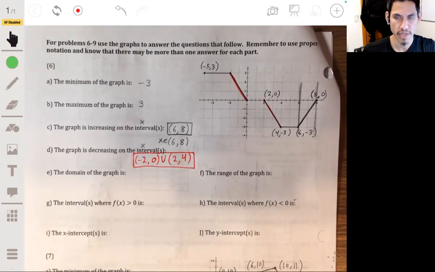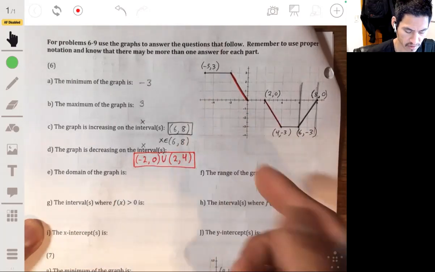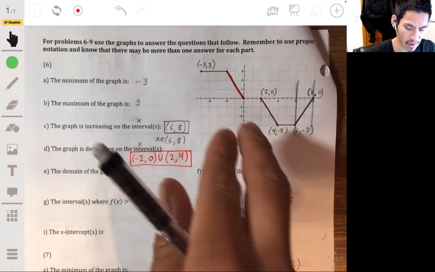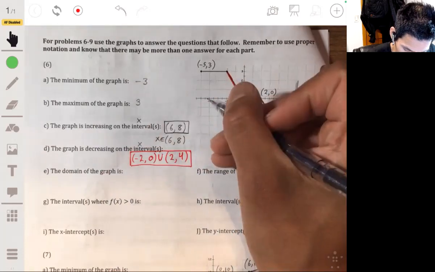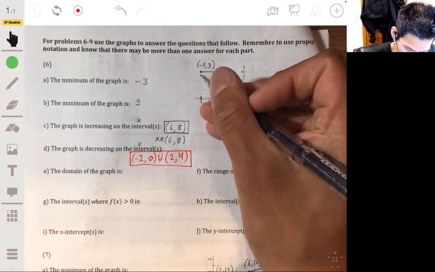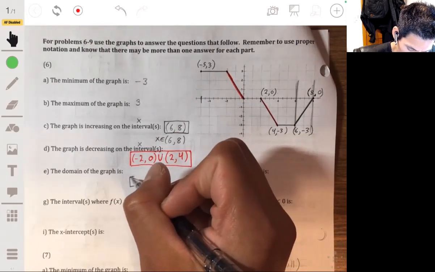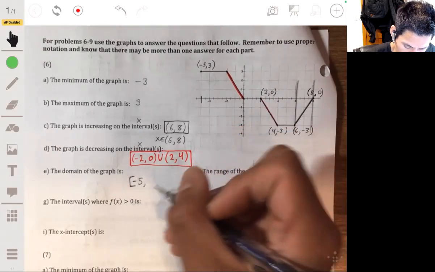The domain, remember, is the set of x values, so all of the x values on the graph. We start all the way from the far left at -5. We include -5, so we put a bracket, comma, up to 0.